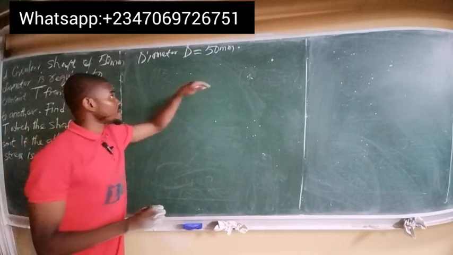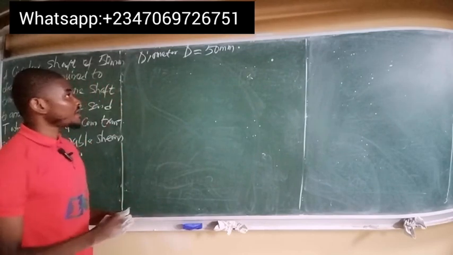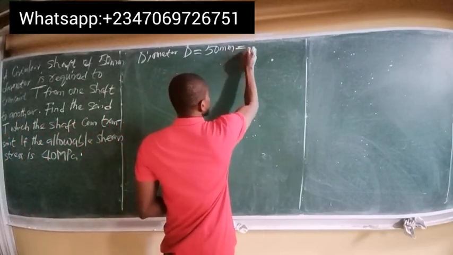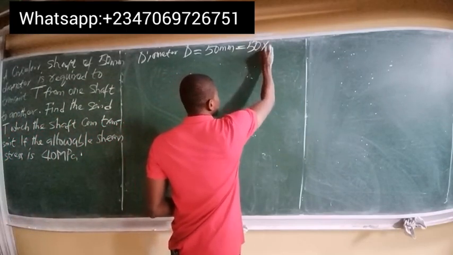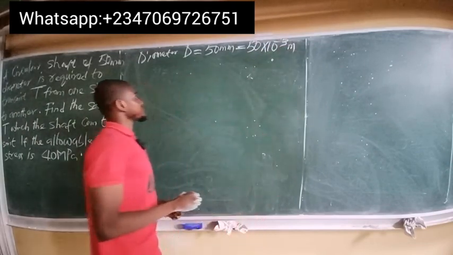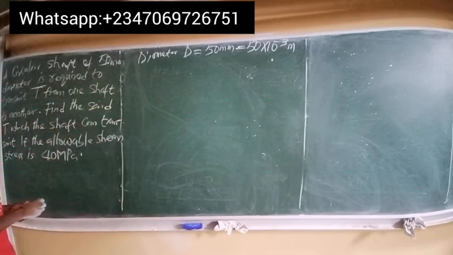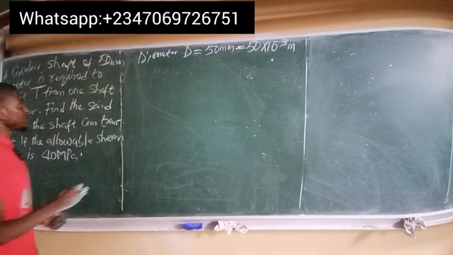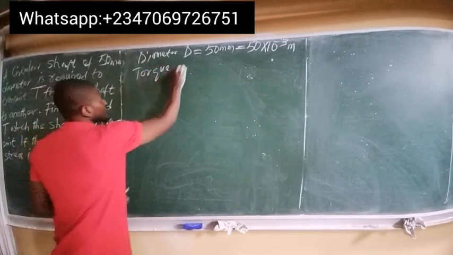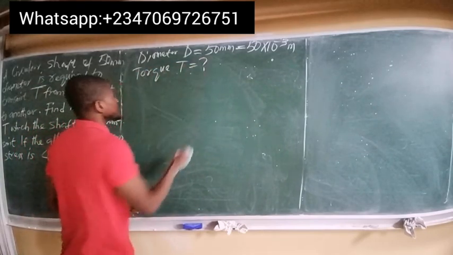So simply convert 50 millimeter to meters: you divide by 1000 or multiply by 10 to the power of minus 3. That gives us 50 by 10 to the power of minus 3 in meters. Required to transmit torque T, the torque is unknown.